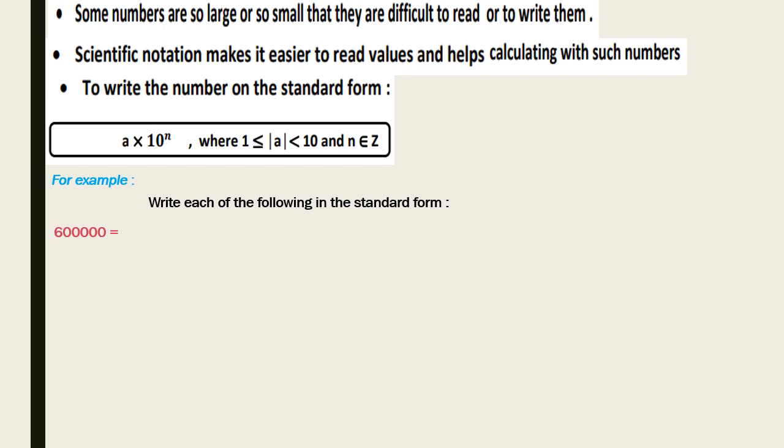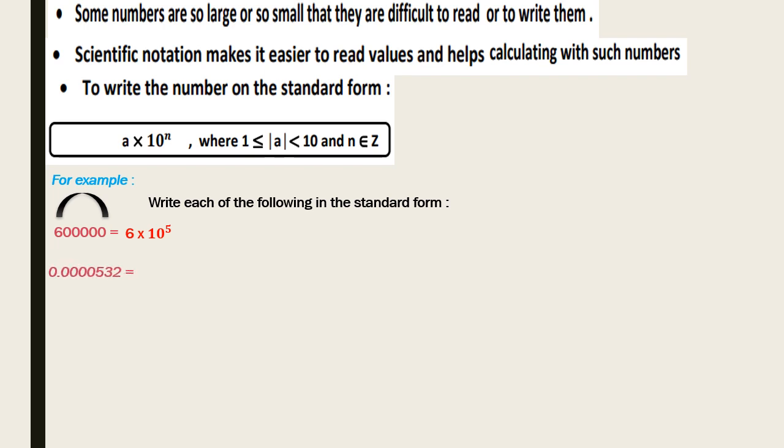So, we have here a decimal point after this number, and we must move the decimal point from here to between 6 and 0. It will be 6 times 10 to the power, and count zeros. We have 5 zeros, so it will be 10 to the power 5.